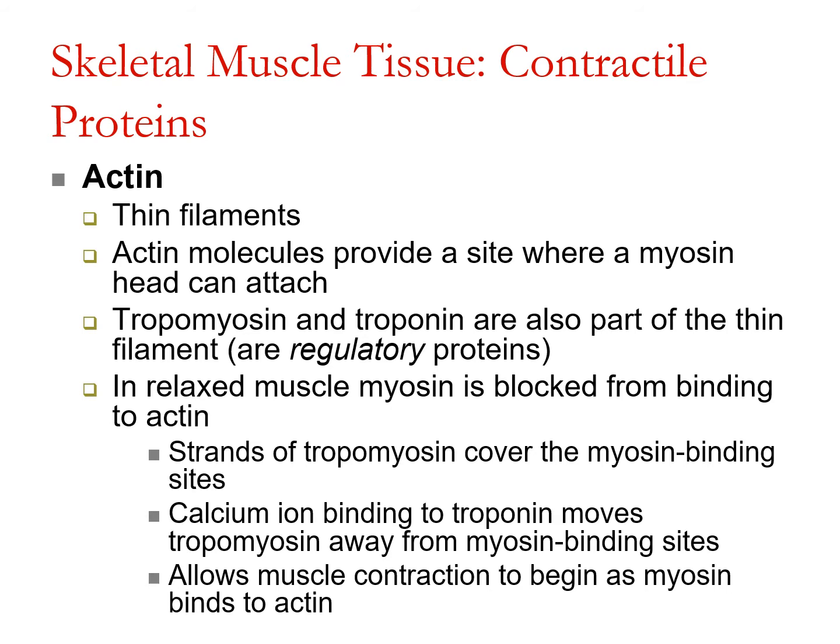The binding of the calcium to troponin moves tropomyosin away from the myosin binding sites, allowing myosin to attach to actin and pull on it, generating the force of contraction. So calcium plays a critical role in the regulation of contraction. Without calcium being released from the sarcoplasmic reticulum when the muscle is signaled, the tropomyosin will block the binding sites on actin, preventing myosin from interacting and thereby preventing contraction.